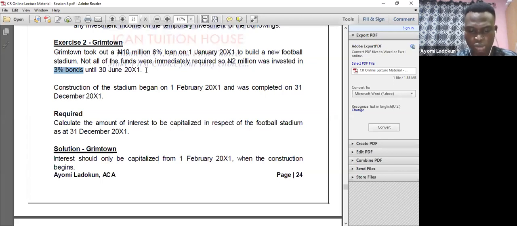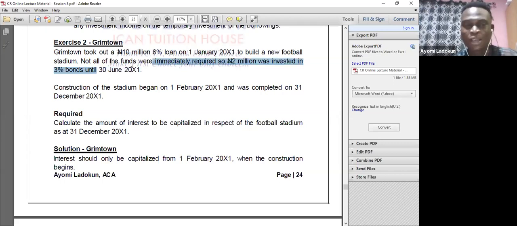If I do 2 million multiplied by 0.03, I have 60,000. But that's not what I'm going with because it was invested until 30th June. So I will now multiply by 6 divided by 12. Okay, so I have 30,000. So my investment income is 30,000.